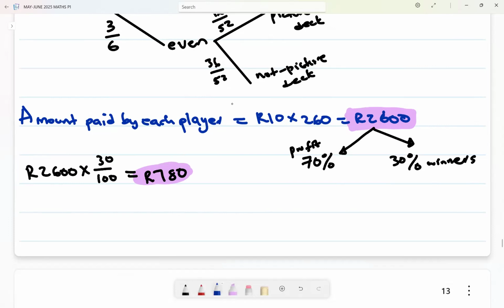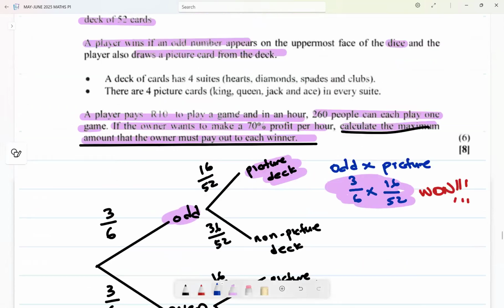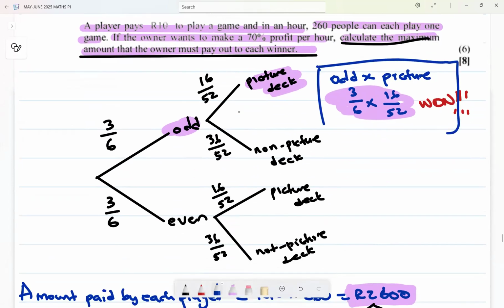Now we need to know the number of winners. How many winners do we have? The number of winners is going to be 260 players multiplied by the chance of winning. What is the chance of winning? You will win only if you have this one.